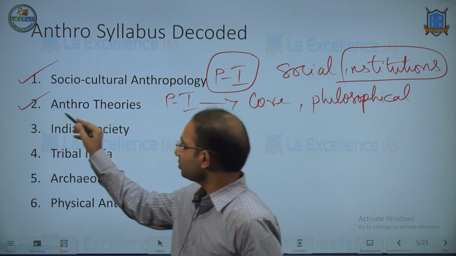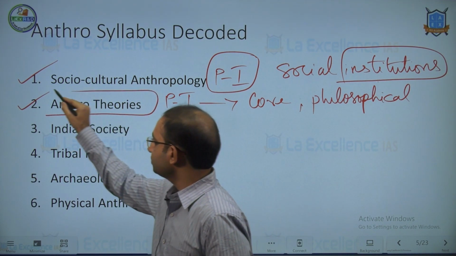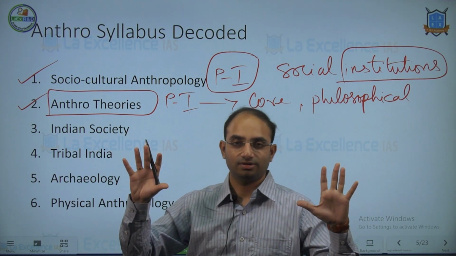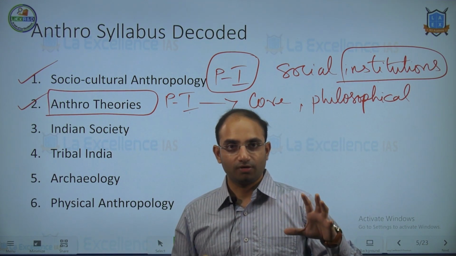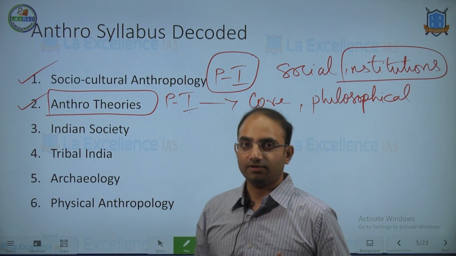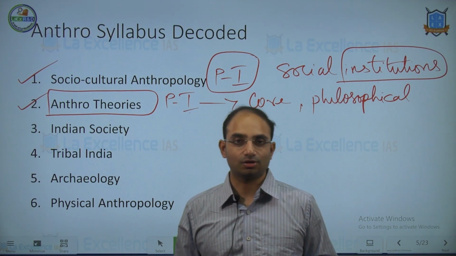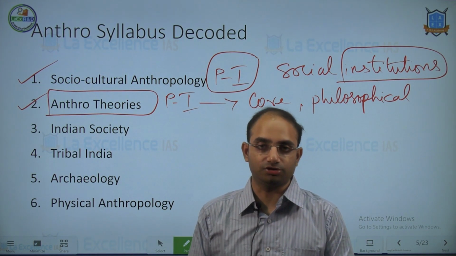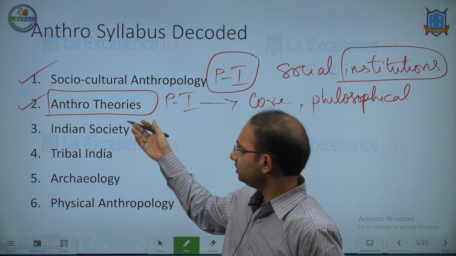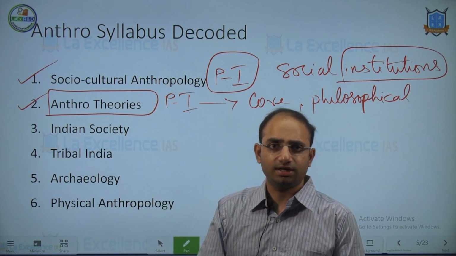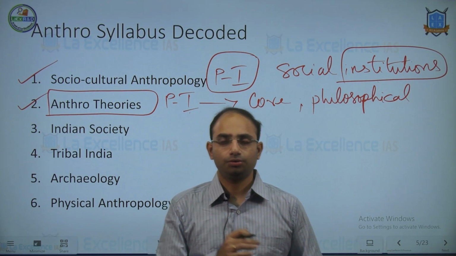So, the focus of anthro-theories is to take up some broad schools of thought, broad approaches, and under each approach, we will be looking into the life, ideas and examples of a few particular people, like anthropologists. So, we will discuss about 4 to 6 theories. Under each theory, you will have some 2 to 3 thinkers.